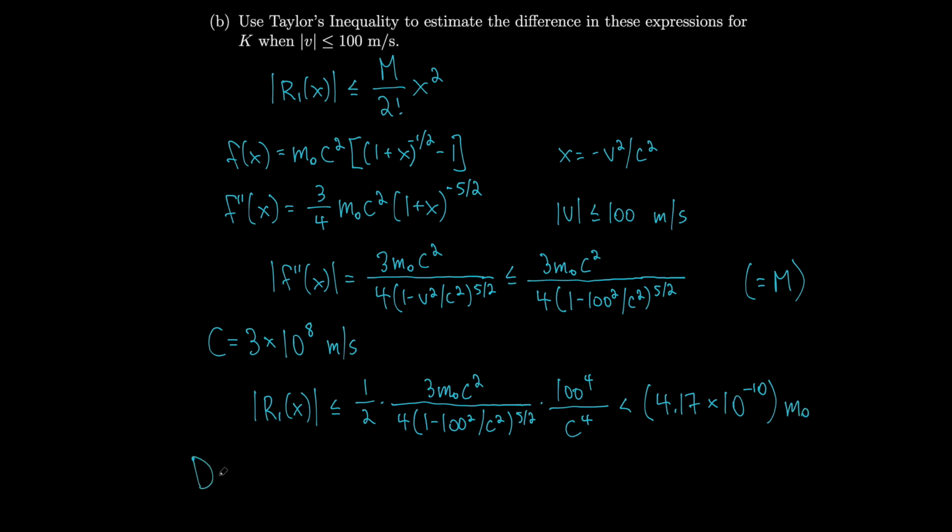So that means that the difference between our expressions for k is at most 4.2 times 10 to the minus 10th, which is kind of cool because it's just a first degree Taylor polynomial. So we might have expected it to have a much higher degree of error, but it actually wasn't that bad.